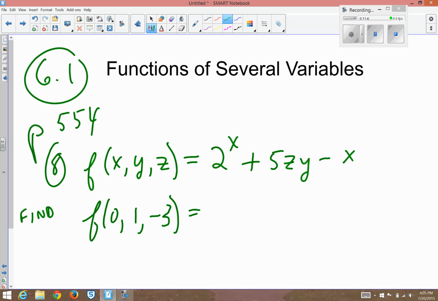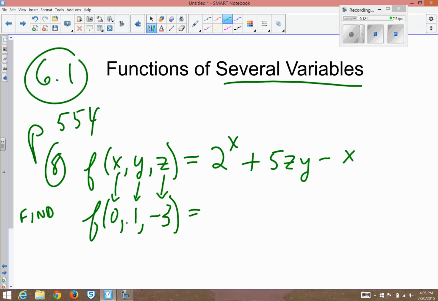This is called a function of several variables because this is a function of x, y, and z. To find f of 0, 1, and negative 3, we just replace x with 0, replace any y we see with 1, replace any z with negative 3. They're in this order. This is x, this is y, and this is z. f is just the name of the function. We usually use f, but the name of the function could be g, h, whatever.